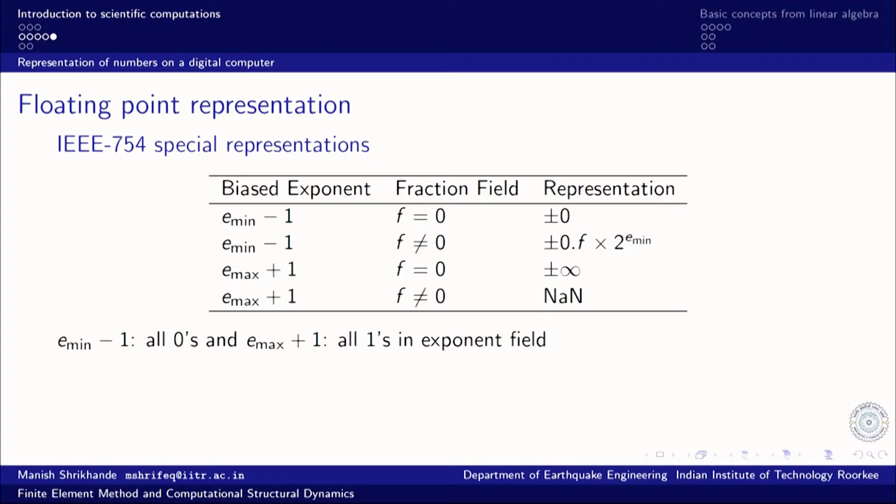And if the exponent field is all 0 and the fractional field is non-zero, then this special representation is considered as 0 point f multiplied by 2 raised to the power of the minimum exponent, and that is called subnormal representation. It is an attempt to fill up the gap between the assigned value of 0 and the smallest standard normal representation.